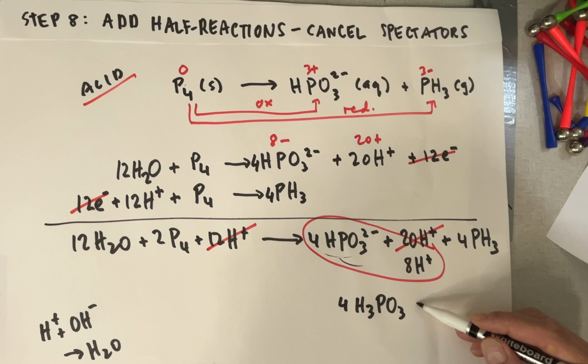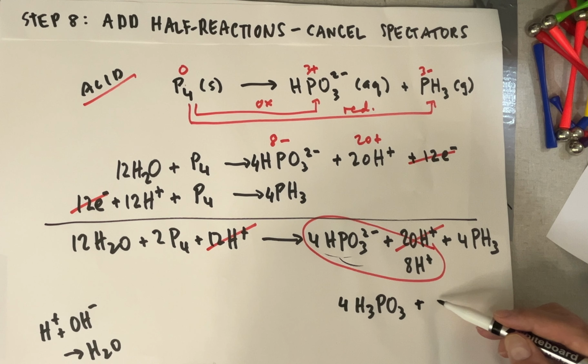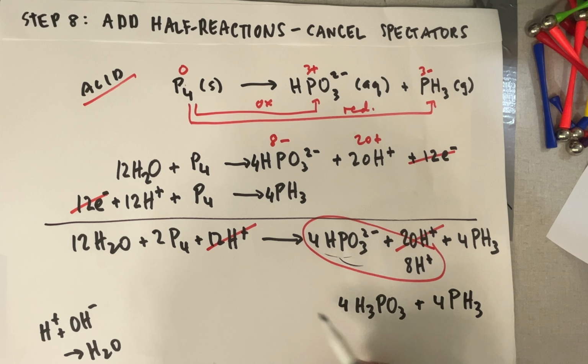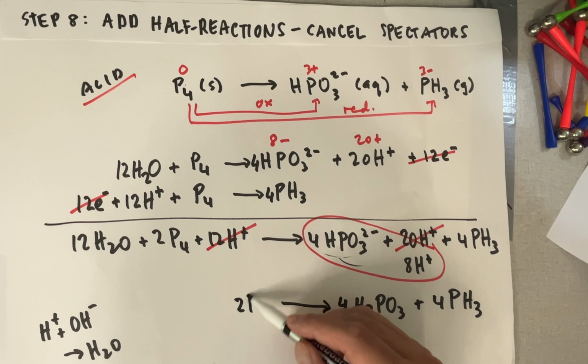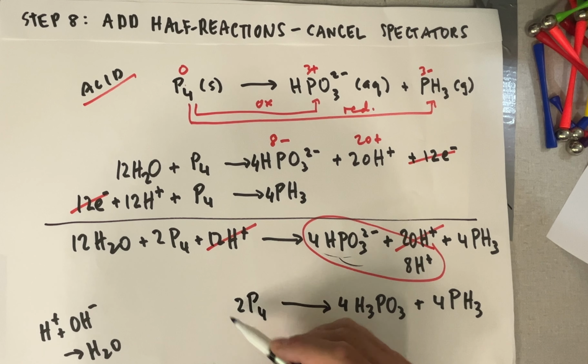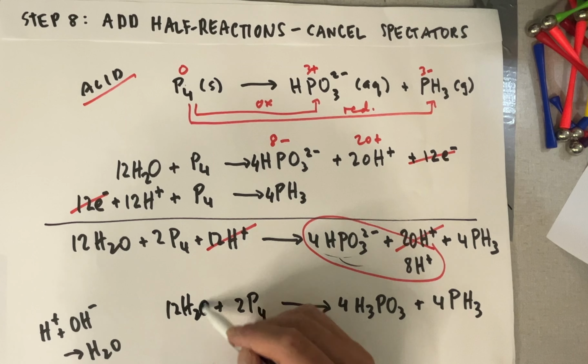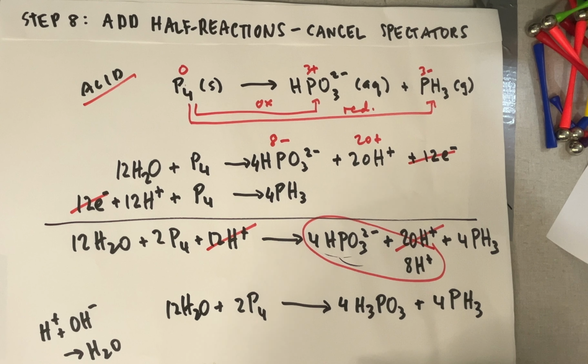and plus 4PH3 on that side. And then on this side, you simply have the 2P4 and the 12 H2Os that's left. That then balances that part of the equation.